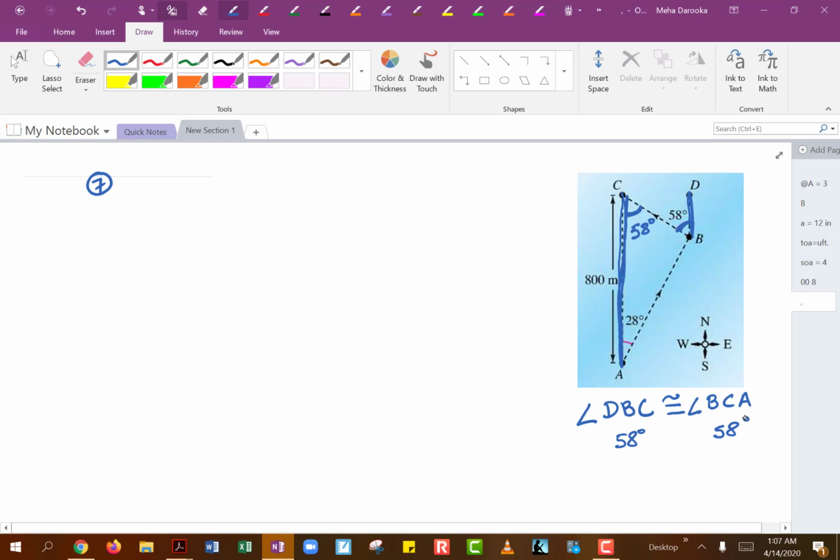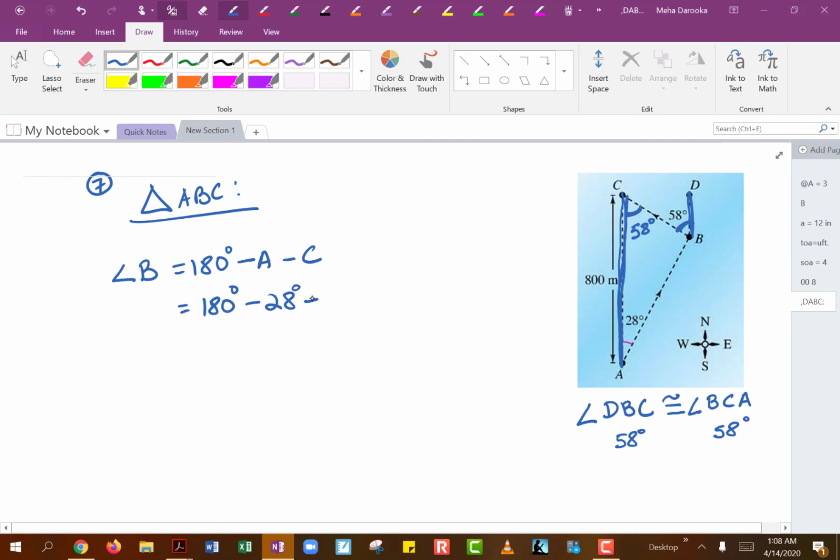Now let's look at inside our triangle ABC. We can now find the angle B measurement, right? Angle B can be 180 degrees minus angle A minus angle C. Angle A is already given to us as 28 degrees. Angle C we just calculated to be 58 degrees.